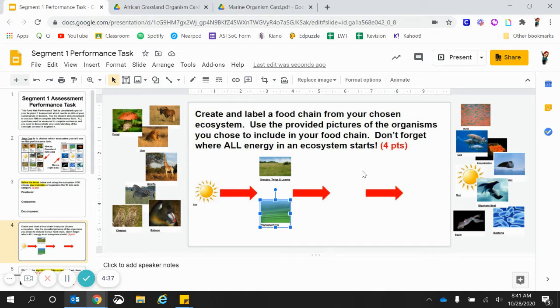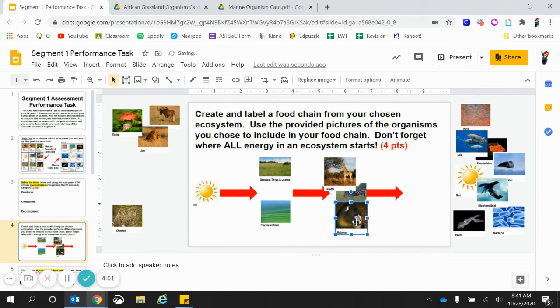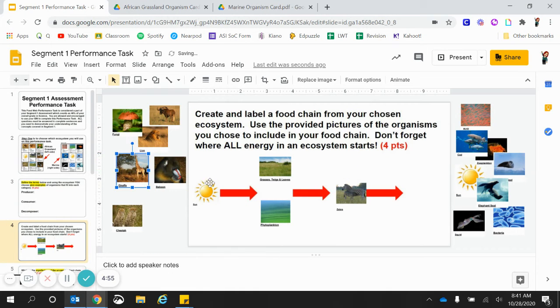A food chain is a single linear line. It's showing one to another. It's not showing complex interactions. So some of you dragged and you put the giraffe and the zebra and the baboon. And you lost points for that because you're showing me more than one and you shouldn't have.